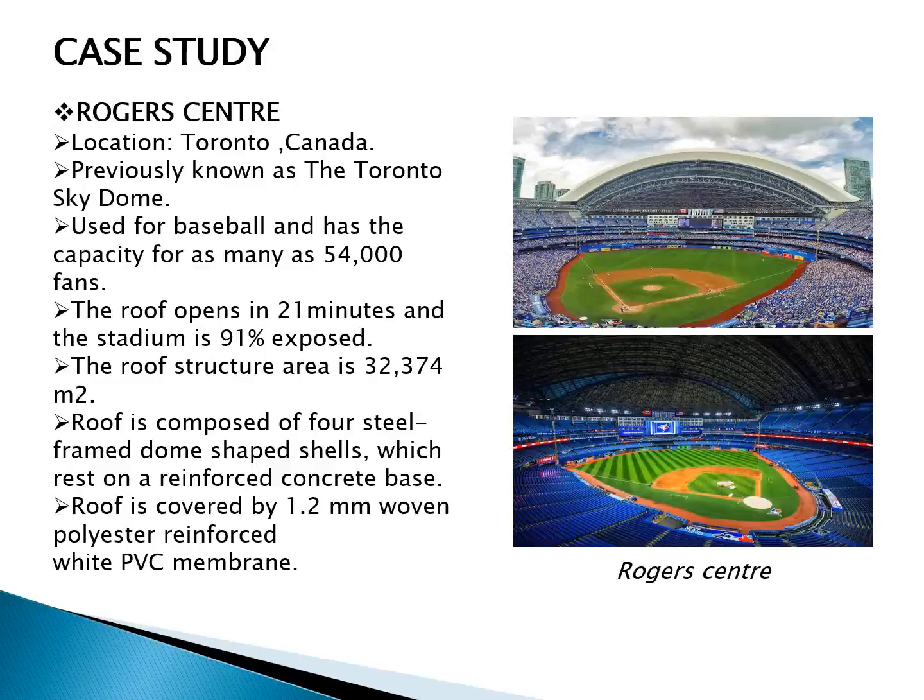The roof structure area is 32,374 square meters. The roof is composed of four steel-framed dome-shaped shells which rest on a reinforced concrete base. The roof is covered by 1.2 mm polyester reinforced white PVC membranes.